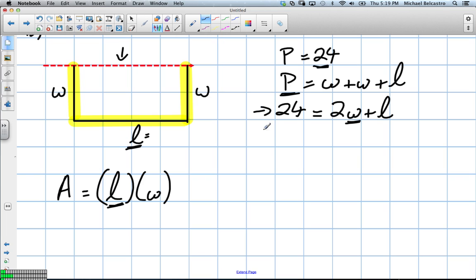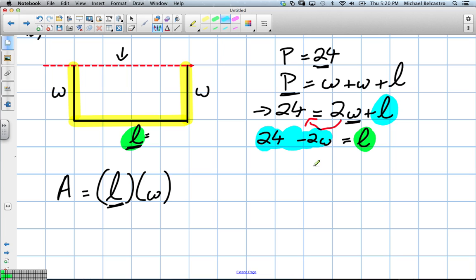We can do that because of our perimeter formula. We're going to isolate for L. We're going to move the 2W to the other side. So when we do that, we'll get 24 minus 2W is equal to L. Okay? So in other words, we can replace L with this equation here.